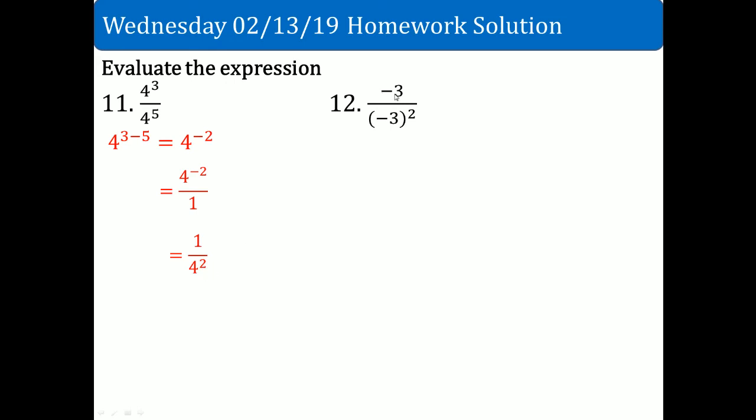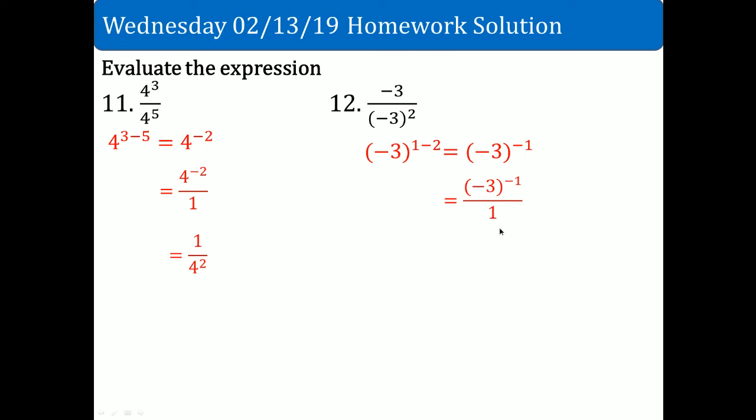Next one, negative 3 divided by negative 3 to the 2nd power. Again, this is a quotient, so you're subtracting. Where am I getting the 1? If you never see the exponent, it's really 1 here, okay? Negative 3 to the power 1 subtract 2 gets you negative 3 to the power negative 1. Negative exponent, we're not allowed to do that. So, divide by 1 to make it into a fraction.